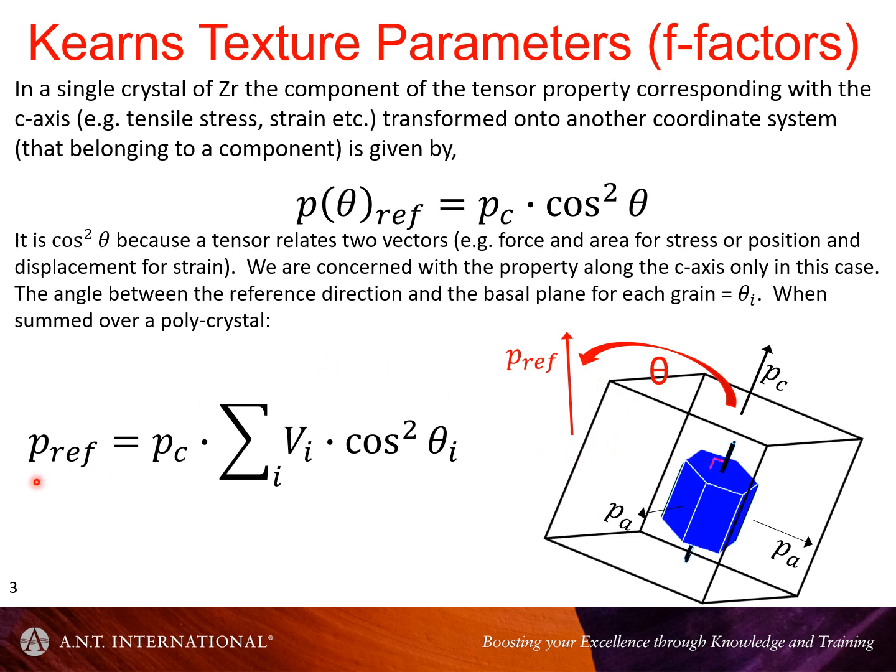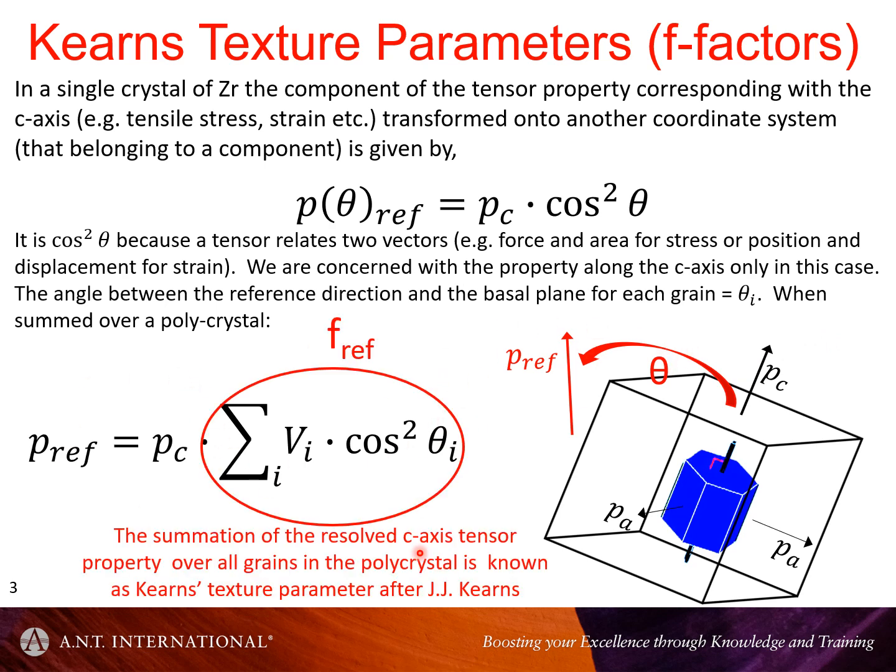So when you do that, the property here, when summed over all of the grains, you sum it in this way. And what Kearns did is he gave this value, this sum of the volume fraction of each grain times the cos squared of the angle between the grain and the reference direction, a name. He called this an F factor, and we know it as the Kearns F parameter.